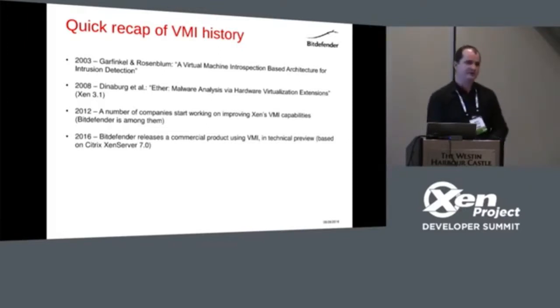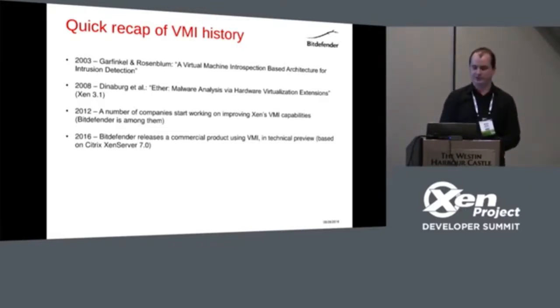So the spark appeared around 2003 with a research that presented VMI as a method of doing intrusion detection. Around 2008, a university presented a POC using Xen 3.1, I believe, and also pushed some patches, mem events were called.